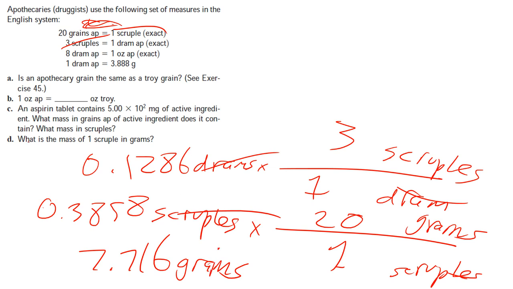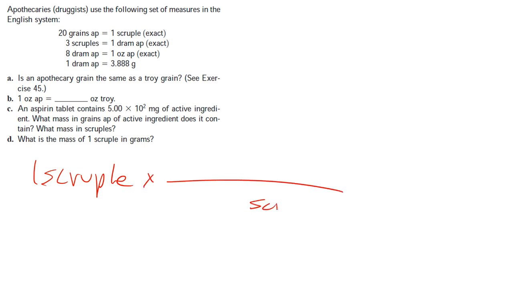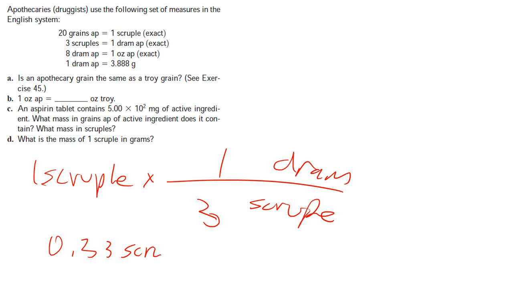What is the mass of 1 scruple in grams? Once again, we've got to convert 1 scruple to grams. So 1 scruple: 1 gram is 3 scruples, so 0.33 grams.